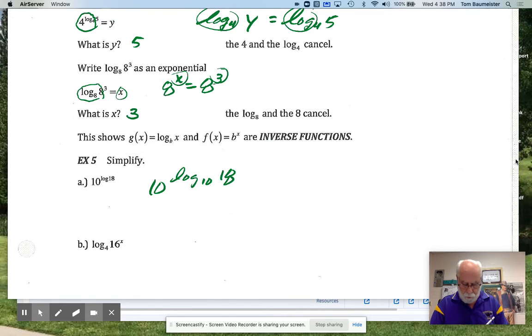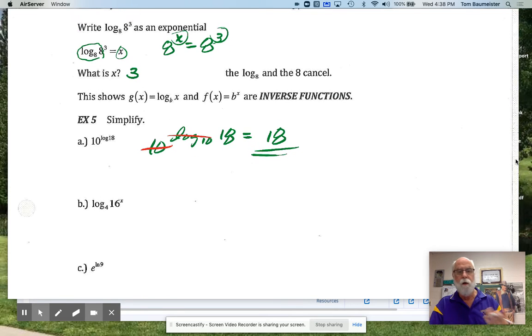From up above, we found that the log 10 and the 10 cancel each other, so that cancels that. And what do we have left? We have 18.